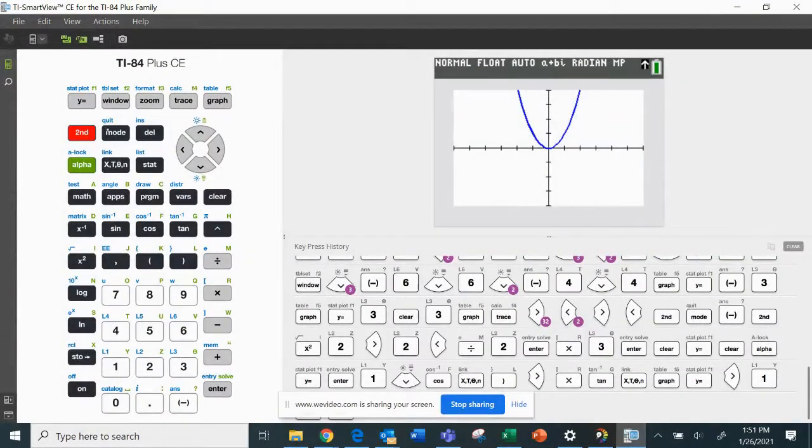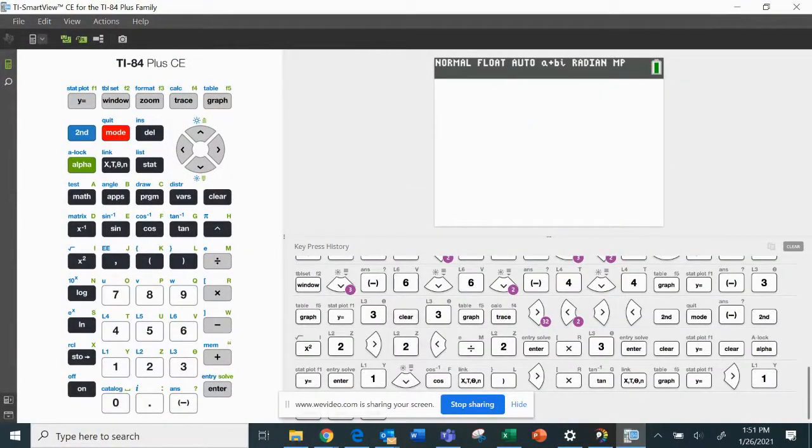Let's go second mode so we can get to the calculation screen. And when I was doing this earlier, it didn't matter what mode I was in. So we're going to find out right now if it matters what mode we're in. We're going to do second, and then you're going to go to angle.